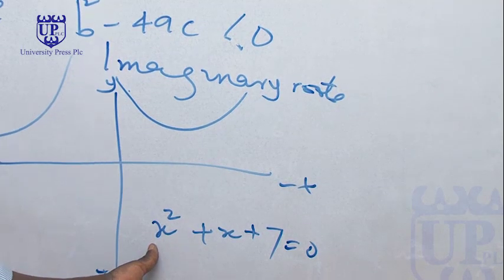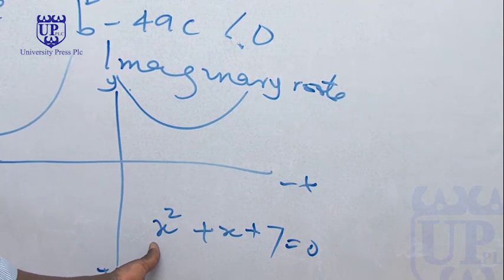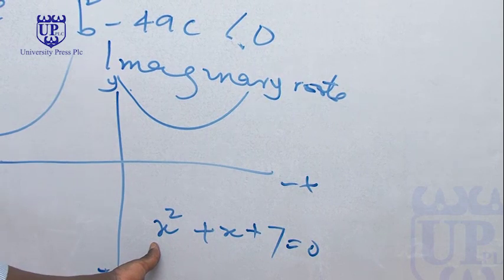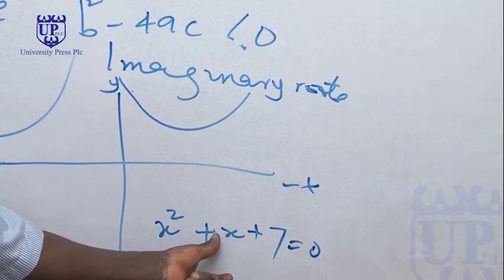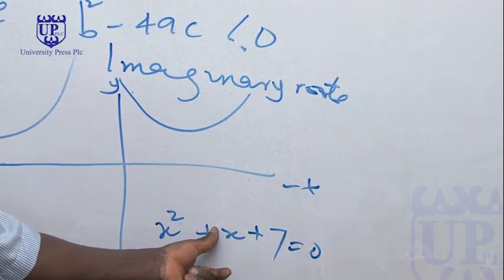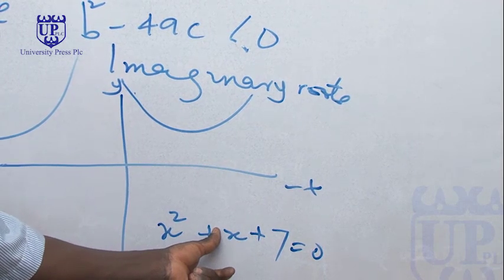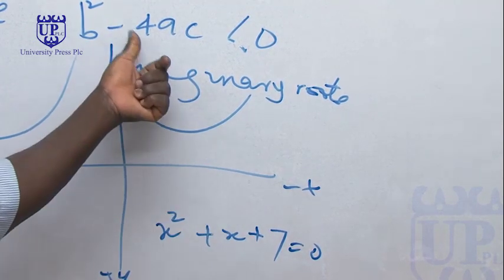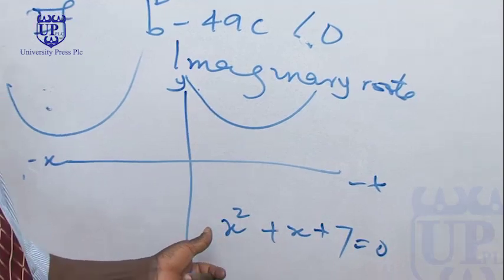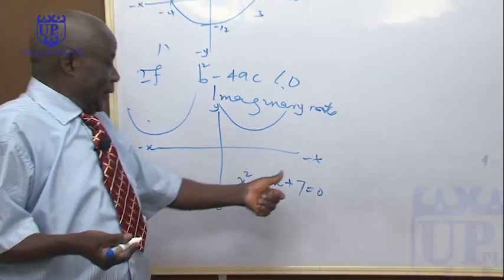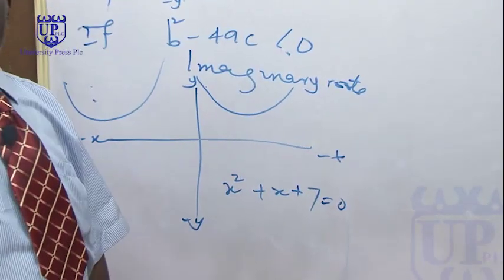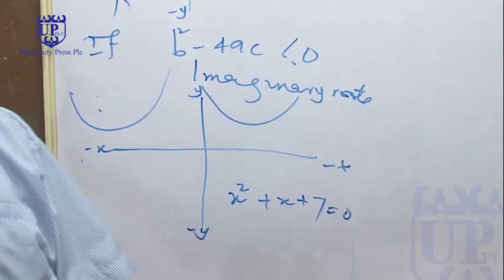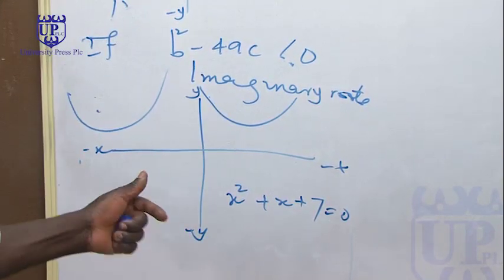It is not possible. Because b is 1, b squared is 1, and 4ac is 4 times 1 times 7. So 1 is less than 28. This one will give you imaginary roots.